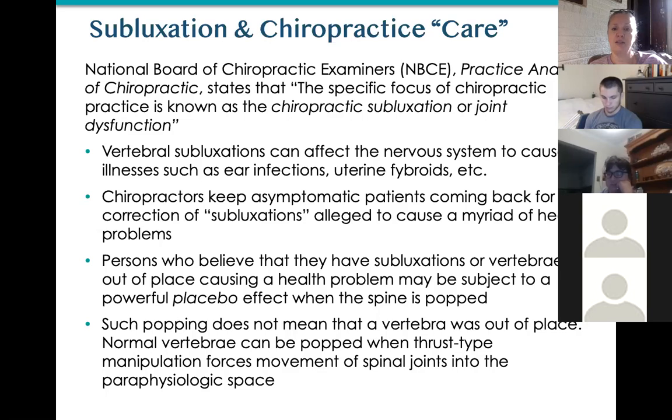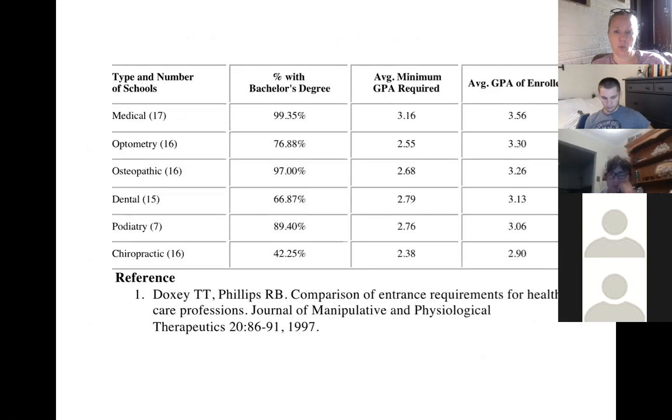Okay. So here's a little thing about what a lot of these chiropractic boards believe and lead patients to believe they're going to cure. So I really say watch it. Now this is old data. This is from 1997. I can tell you right now that the average minimum GPA to get into medical school is about 3.71.